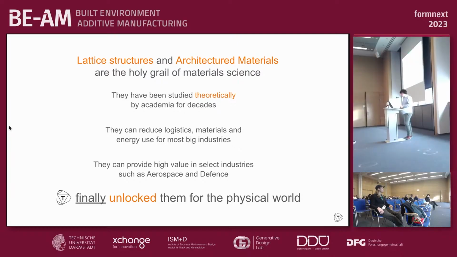They provide especially high value in aerospace, defense, and construction also, which is why you can see lattice structures in space rockets or in specific buildings. And with Tetmet, we finally provided a process to make those materials at an industrial scale, which means for a reasonable price.